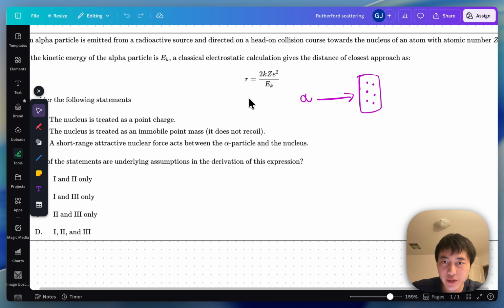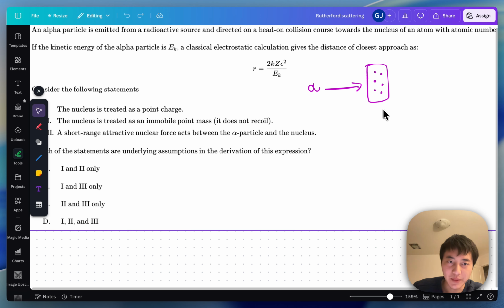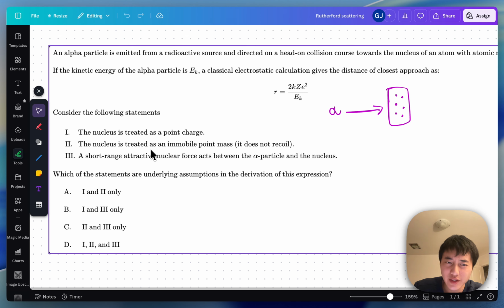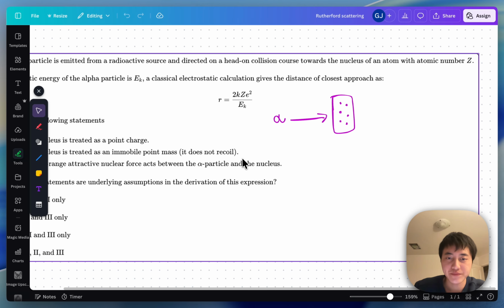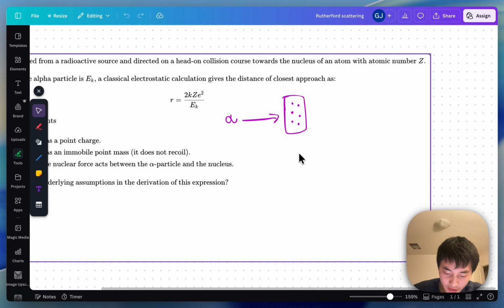And so the distance of closest approach, the question is asking for the assumptions, and one of the assumptions is that the only forces acting on it is the electrostatic force, and the equation for it is E equals kQ over R squared. But this is actually about the energy, so this is sort of irrelevant here.